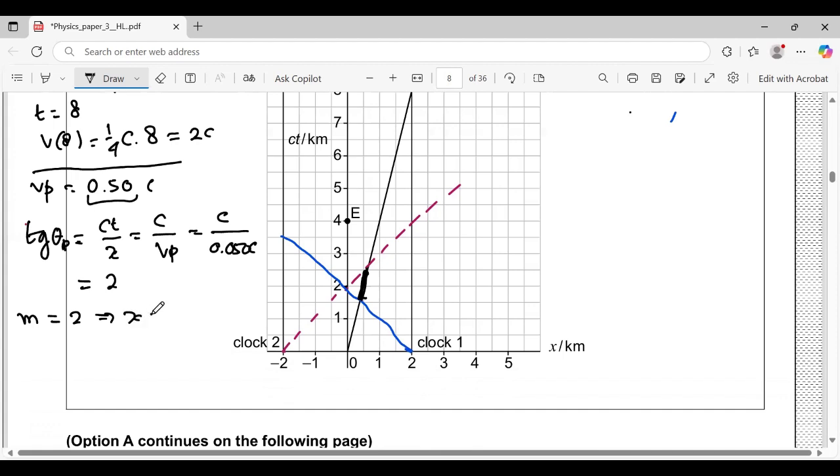So x equals 2, and based on this information we can determine ct. ct equals 4, because the gradient is ct over x.